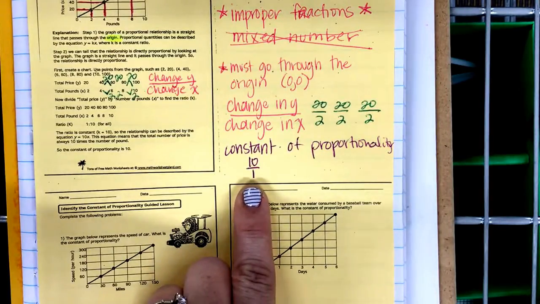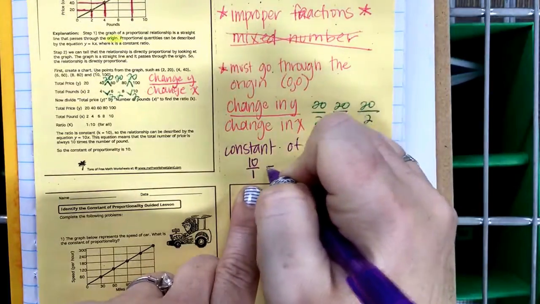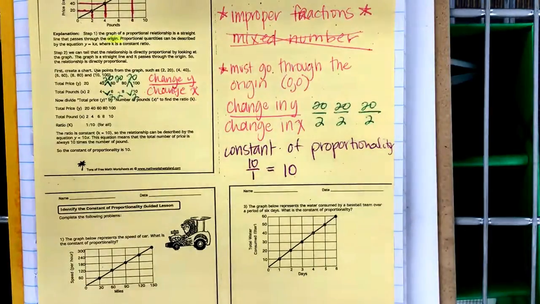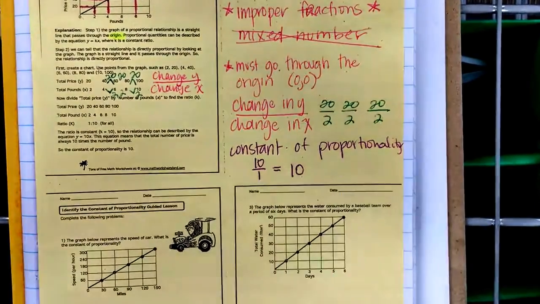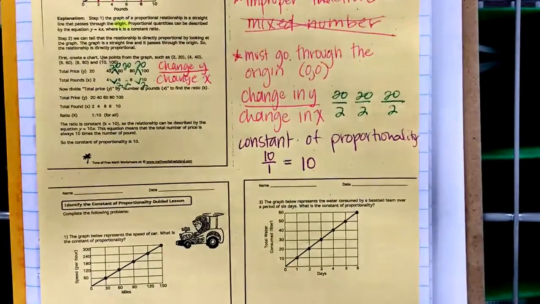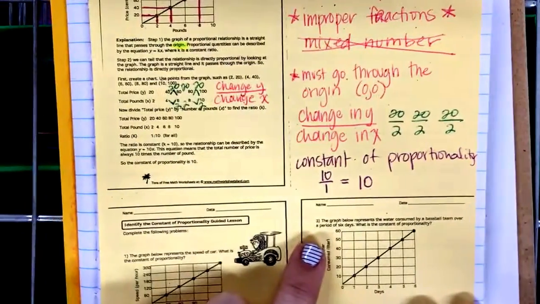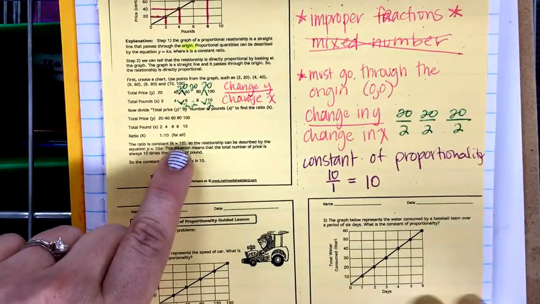No, it would just change to a what? 10. An integer, 10, right? So that's okay, as long as if I simplify, it does not make a mixed number. So my constant of proportionality is 10.